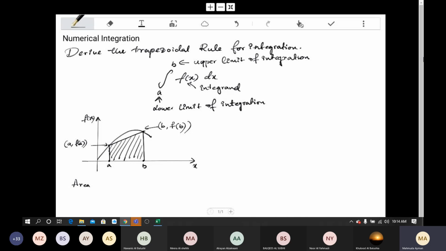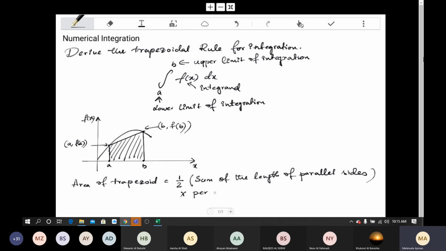The formula for the area of a trapezoid is equal to 1/2 times the sum of the lengths of the parallel sides times the perpendicular distance between the parallel sides.